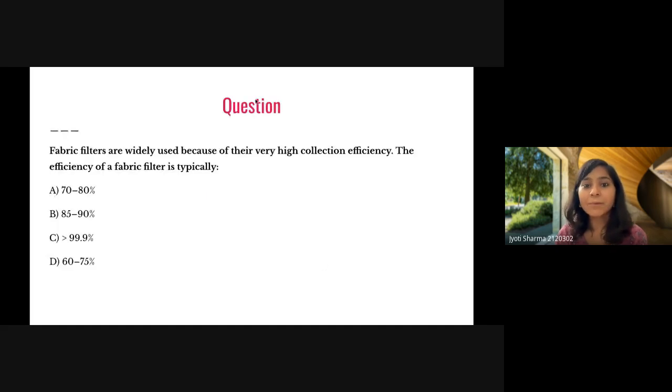And we have a very simple question on this. Fabric filters are widely used because of their very high collection efficiency. The efficiency of fabric filter is typically 70 to 80%, 85 to 90%, more than 99.9%, 60 to 75%.